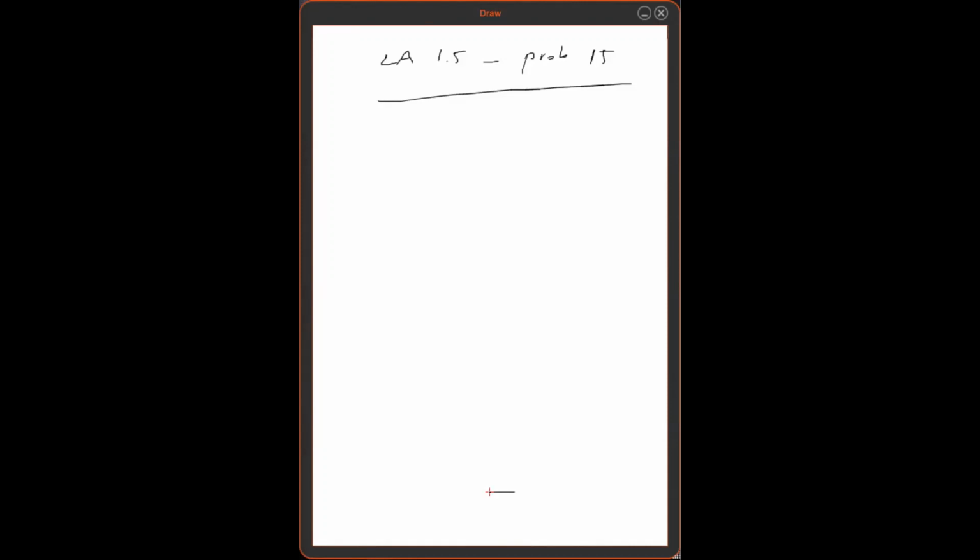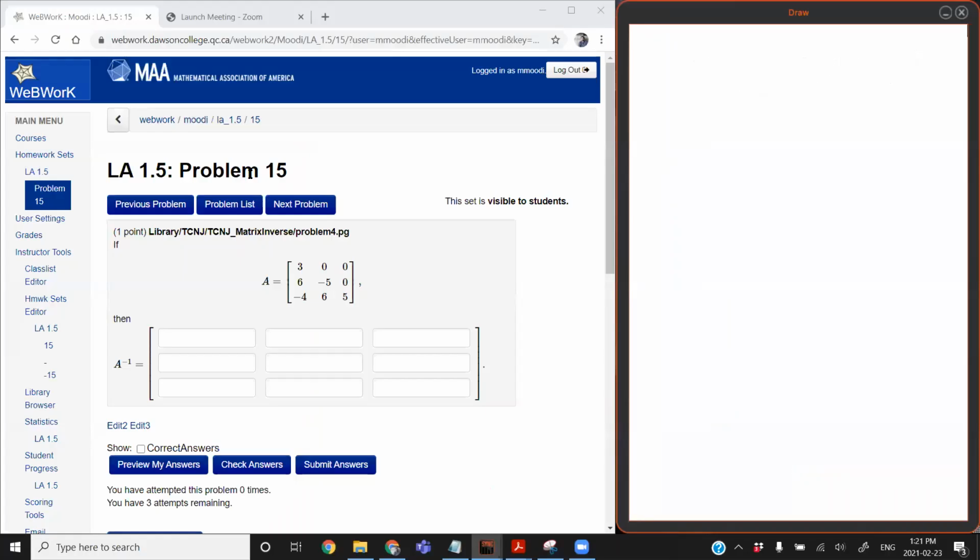Okay, so I'm going to do it for you on the board now. First, you have to write the matrix like this: 6, -5, 0, -4, 6, 5. Next to that, you put the identity matrix.